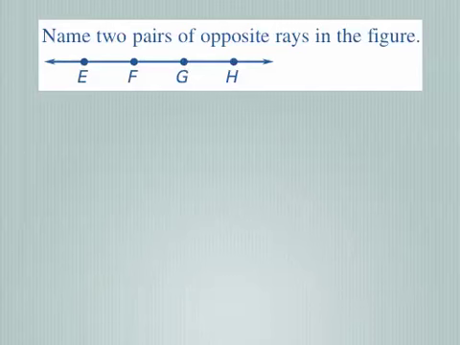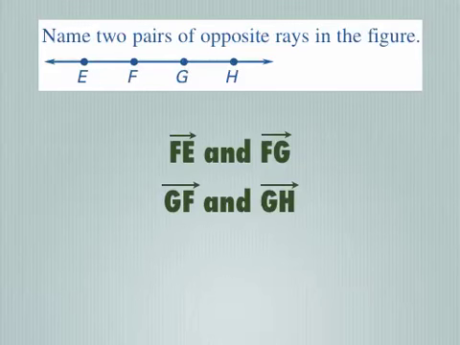It doesn't matter. The other set of opposite rays would be starting at point G, and you can extend to the left, and it could either be ray GF or ray GE. And then to the right, you have ray GH.